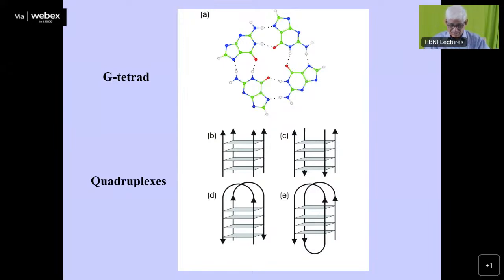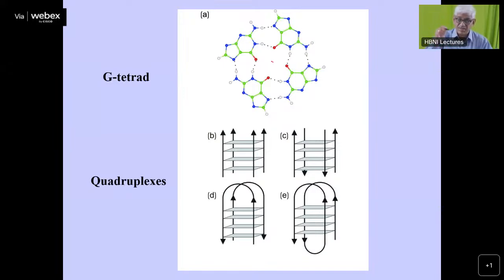By and large, it is observed in the G tetrad. When there are 4 Gs, they pair in the fashion indicated here. The 4 Gs are symmetrically placed, and they are involved in a hydrogen bonding scheme which uses up all the nitrogens and all the hydrogens in the G base. So it is a very symmetrical structure.